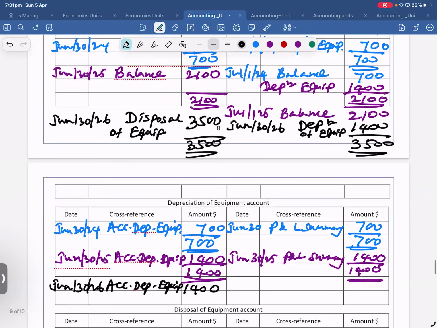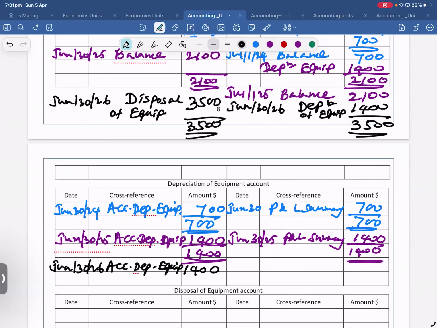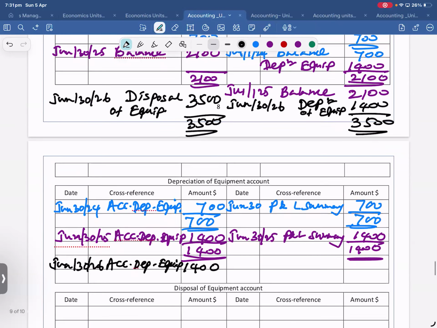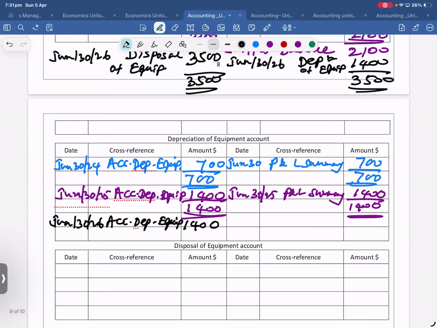Wait, you still have to transfer one of the depreciation. So you can transfer this one to P&L summary, 1400.